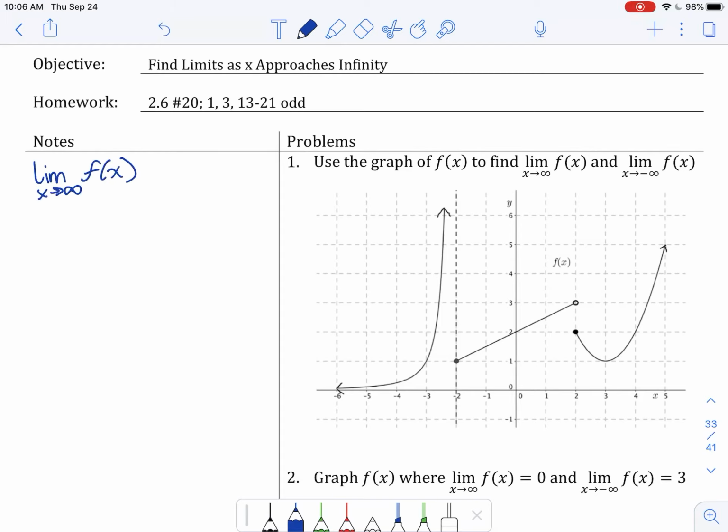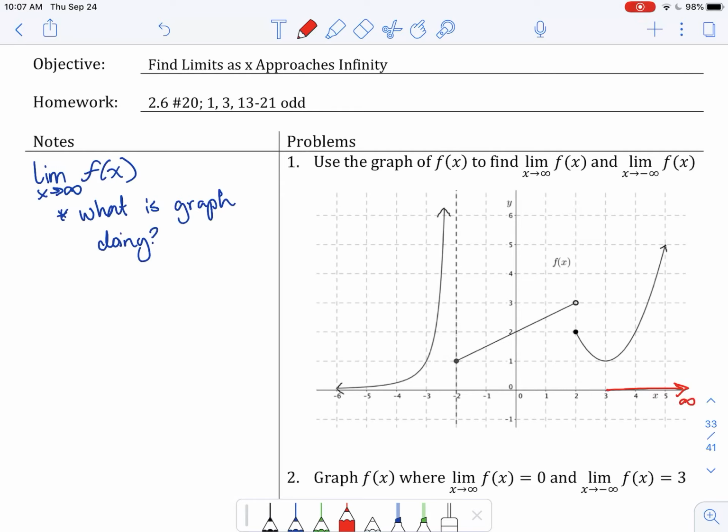So if we think about what the limit is as x approaches infinity, the question just becomes, what is the graph doing at that point? In this case, it's as x is getting bigger and bigger and bigger. If I'm looking at this graph here, x getting bigger and bigger is happening here, right?